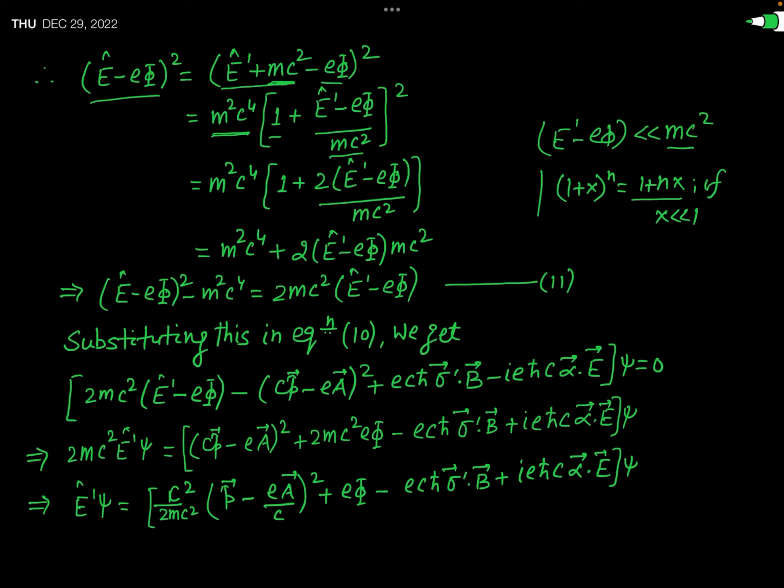Here in our present problem, in the place of n there is 2. So after making this first approximation of binomial expansion, you will get the result m square c4 times 1 plus 2 times E dashed minus E phi over mc square, okay? Now multiply this factor m square c4 to the terms inside the bracket.